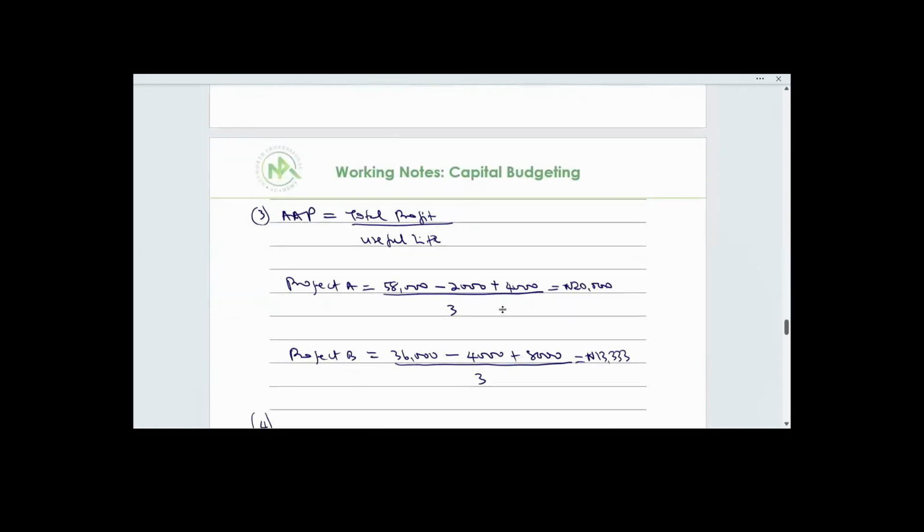So let me go down here. I would then say summary of results, especially whenever you have calculated using more than one technique, then it's better for you to put the final results in a summary table.